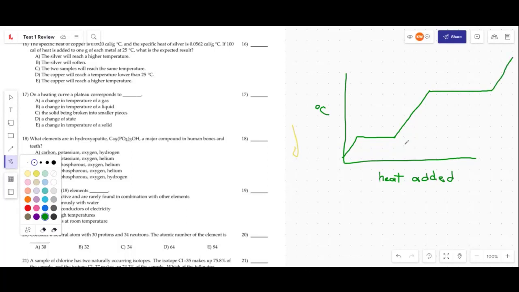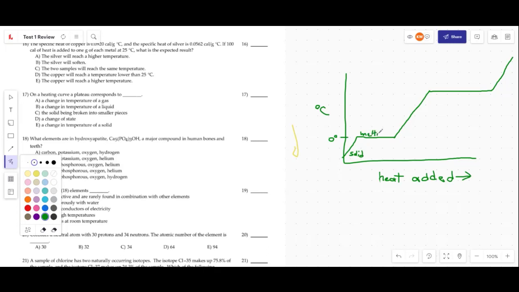Here's the cool thing about this. When heat is added to the system, it can only do one of two things. It can either raise the temperature or it can change the phase. If this is water, this point here would be the freezing point of water. This is a solid down here, but this is melting here.